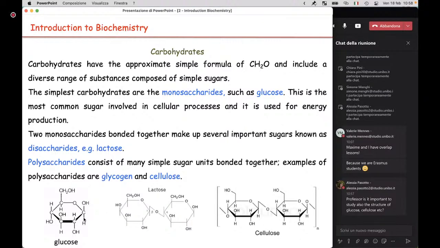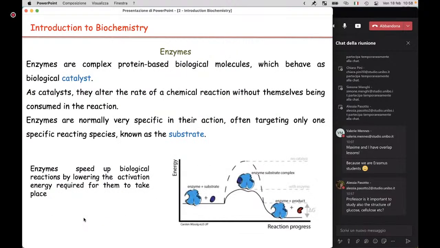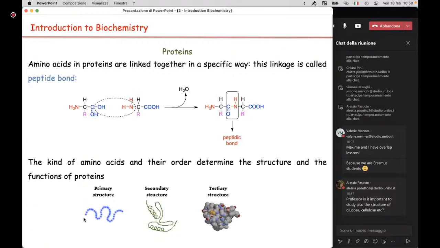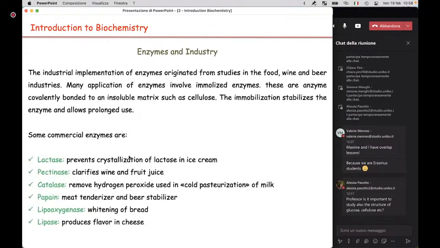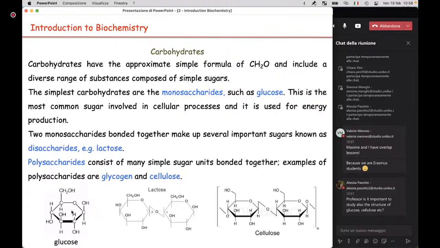Absolutely not. Of course you have to recognize an amino acid. If I show you this formula, you should remember that this is an amino acid because it has an amino group and an acid group connected by a single carbon. And if I show you this structure, you should remember that this is a sugar and this is a polysaccharide. This is what you need to know.